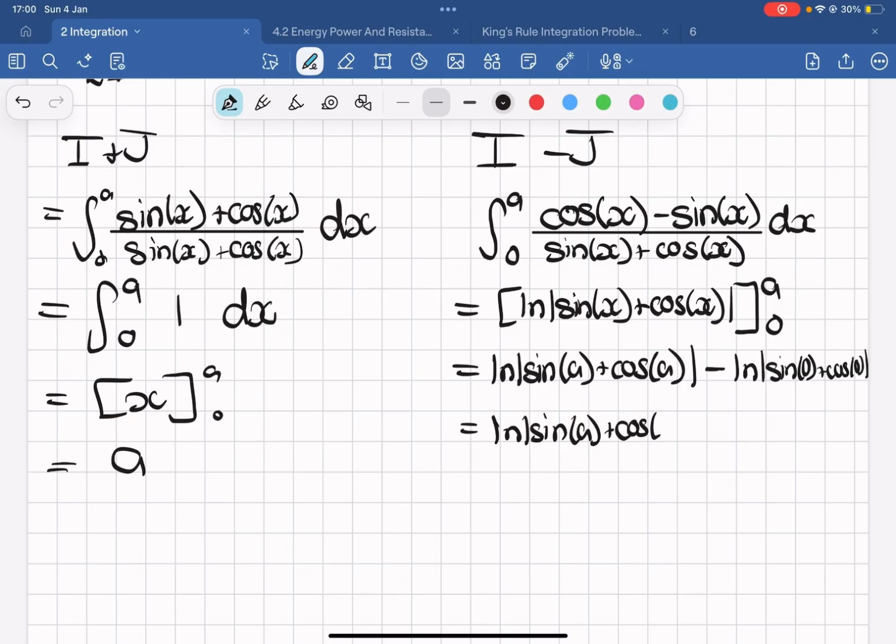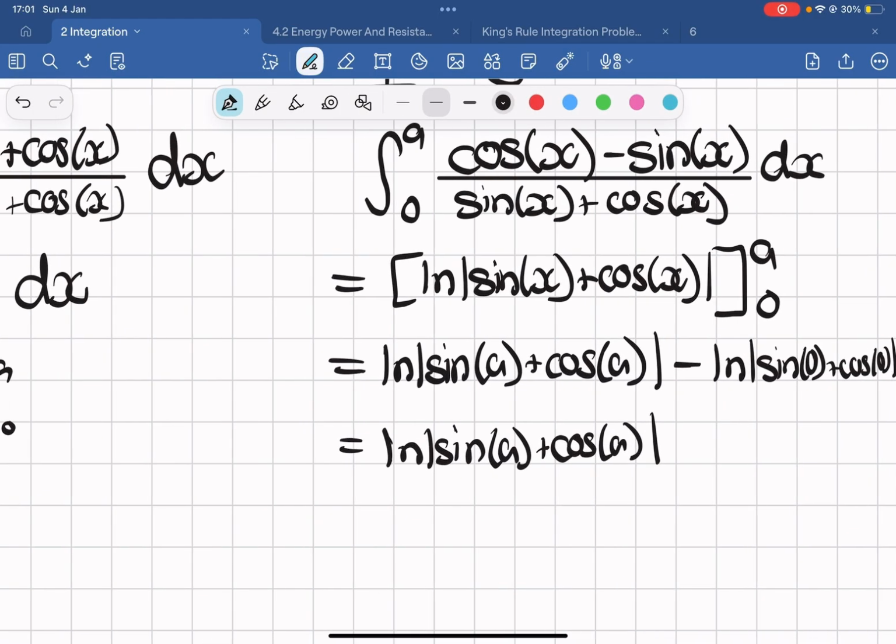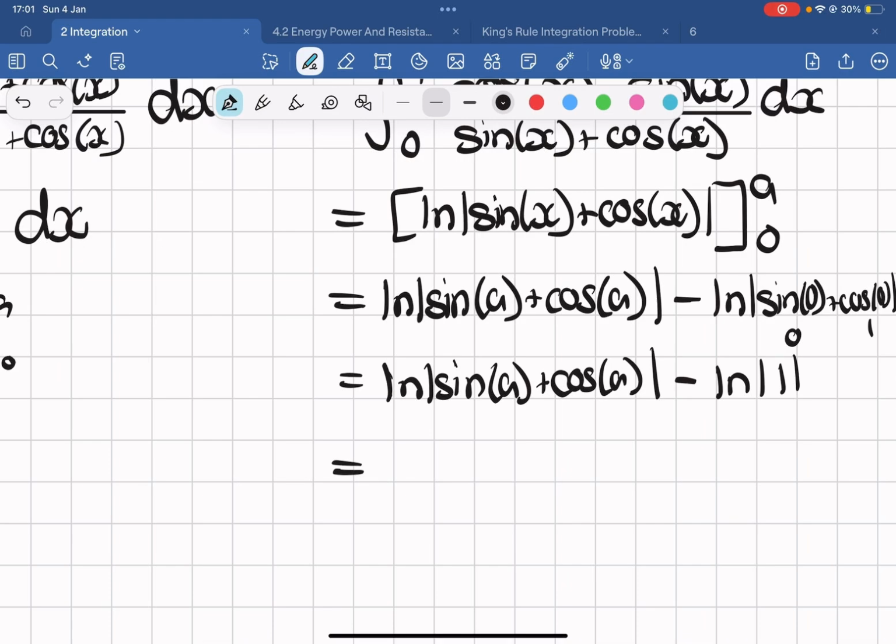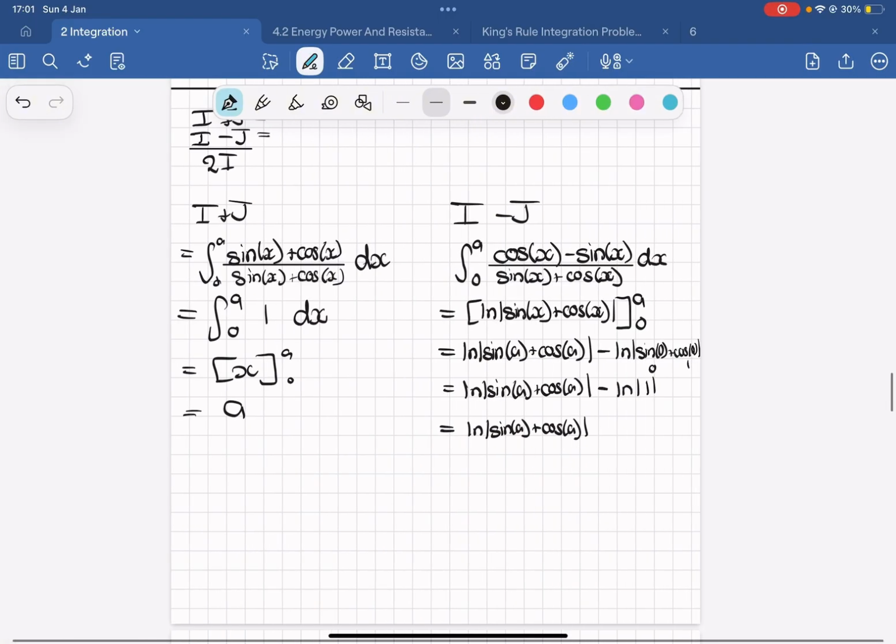Now for the second expression, we're subtracting ln sine 0 plus cos 0. Sine 0 is 0, cos 0 is 1, so we're subtracting ln 1, and we know ln 1 is just 0. So we have ln sine a plus cos a as our value for I minus J.